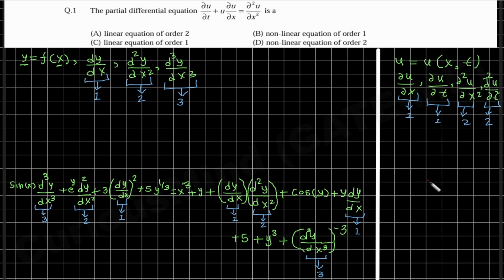Let's write the partial differential equation on the right side of the board. There we have it. Now we highlight the value of the order of each partial derivative present in this partial differential equation.